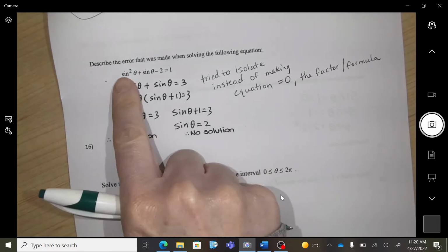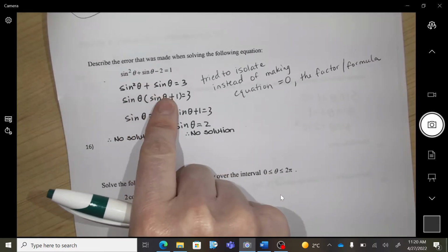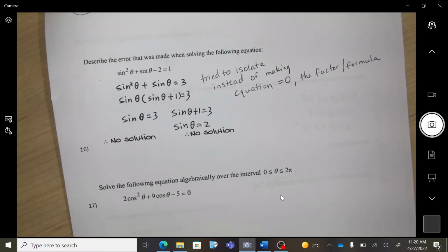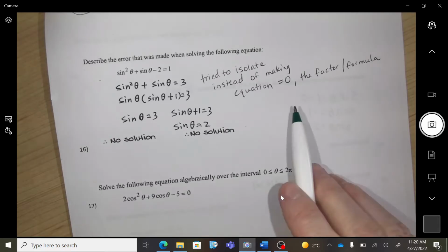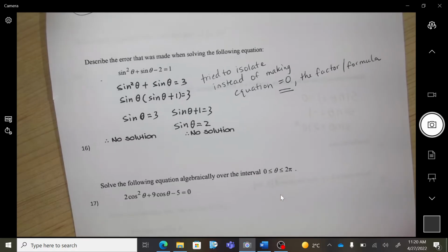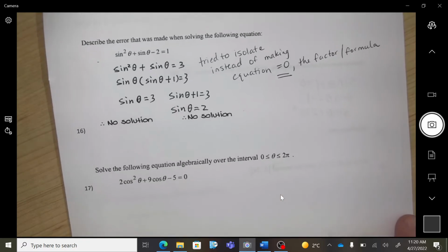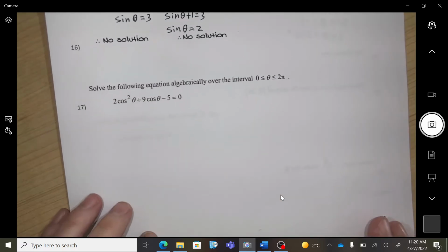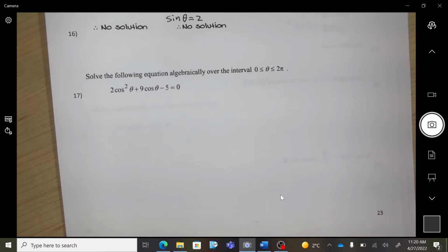When you have sine squareds and sines, you can't be trying to isolate. That would be a factoring technique. Okay, so that's the most important thing, making sure it equals 0 before you're trying to do your algebra with the factoring.